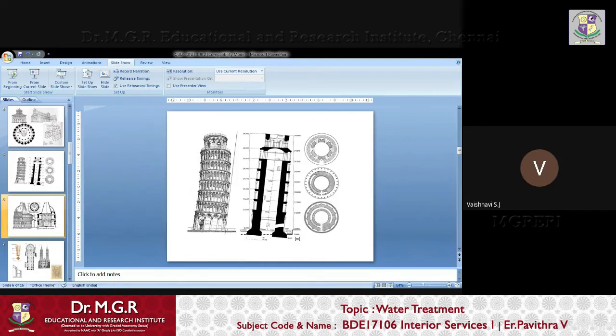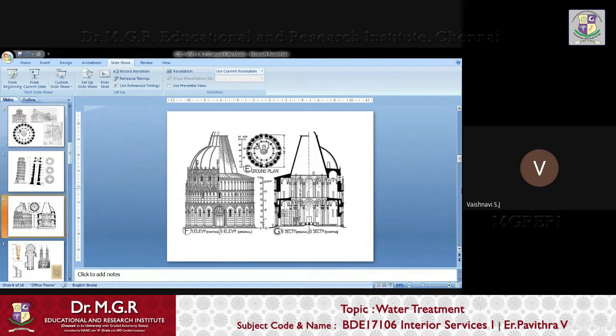Okay. So what is this structure? Baptistry. Can you remember some of the features which have been changed in the baptistry?